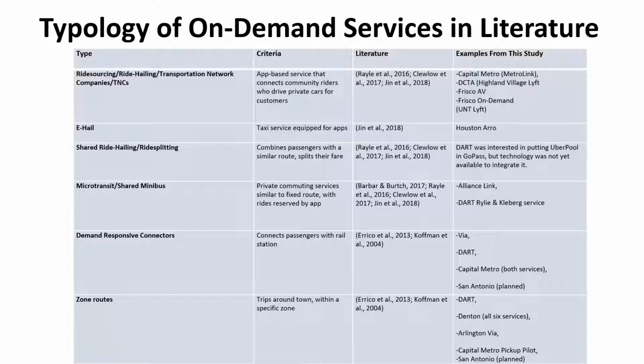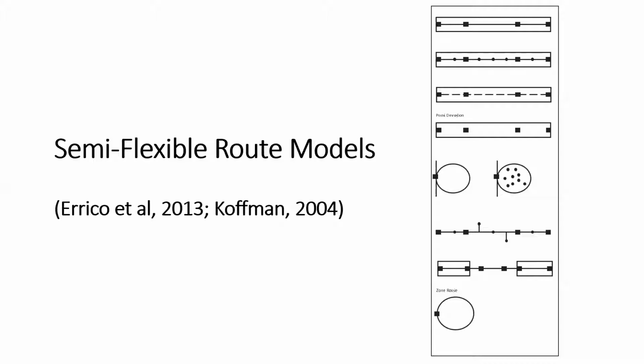The question is, how does this literature on governance structure translate into on-demand public transit? We also know that there is some literature, though not very much, on on-demand transportation. This is probably the best example here, showing different service models of on-demand public transit. There hasn't really been a lot of literature looking at the governance of on-demand public transit, but there is some that looks at different service models.